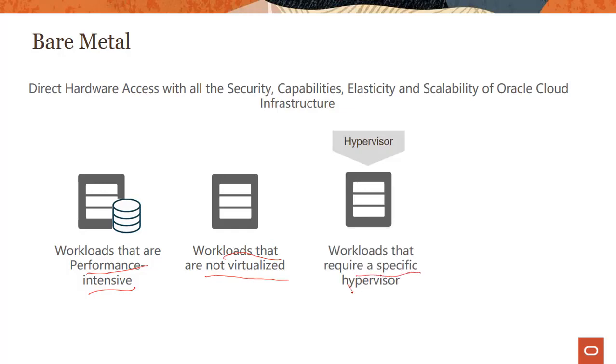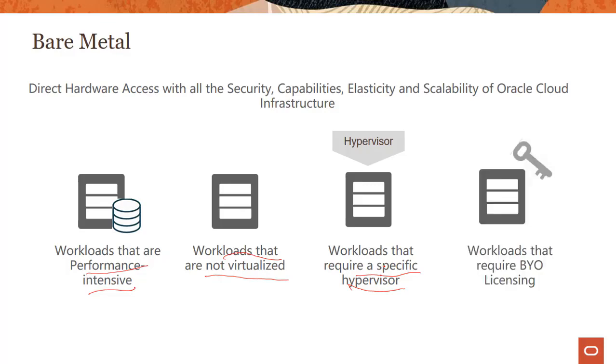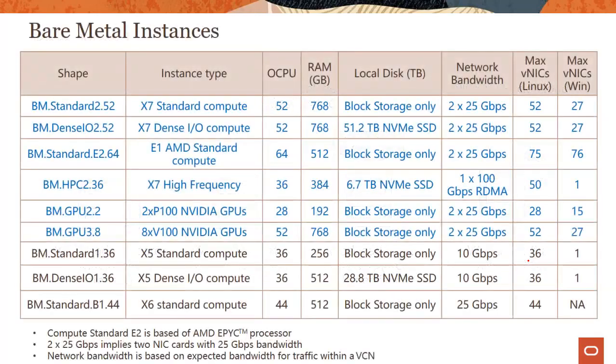Workloads that require a specific hypervisor, where you want to install your own hypervisor and do certain things, you would go with a bare metal machine. And then also in cases where you have bring your own licensing, and there are specific examples, you would use a bare metal machine. So these are four predominant use cases, but there are other use cases as well where you would use a bare metal offering.